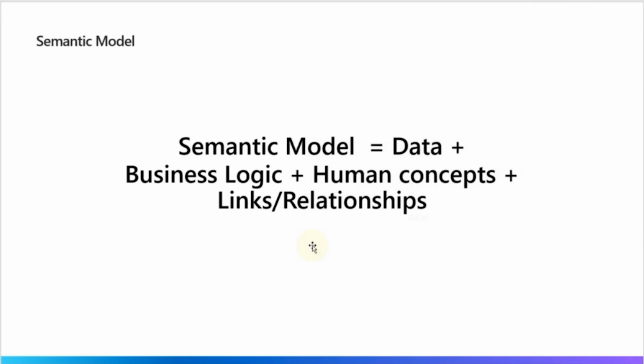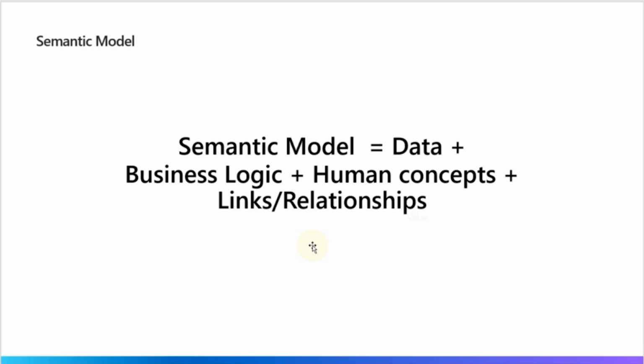And what I mean by semantic, if you're coming from a data science world, just a bit of clarification here: a semantic model is nothing but data with some business logic on top of that, with human concepts and links and relationships.